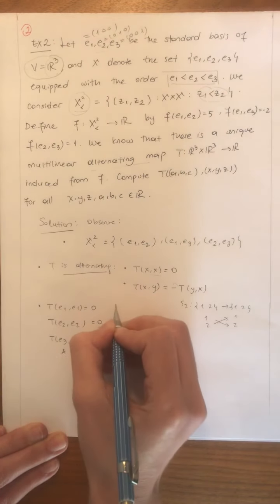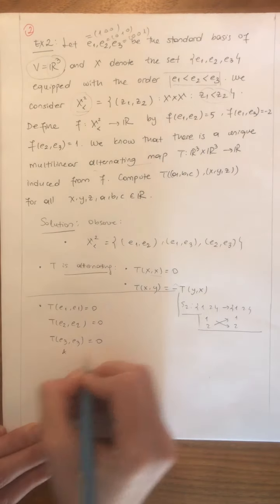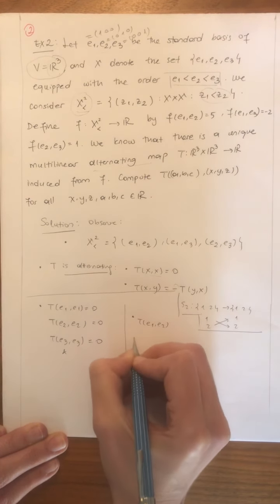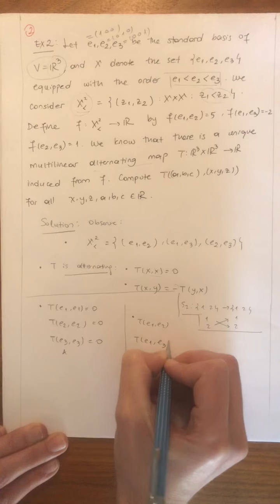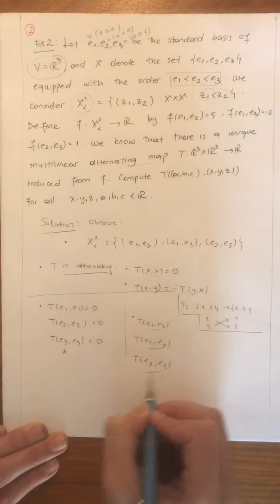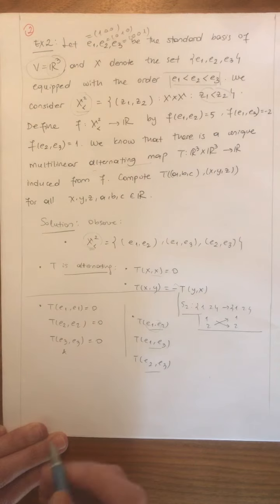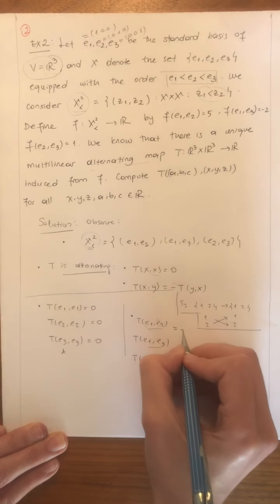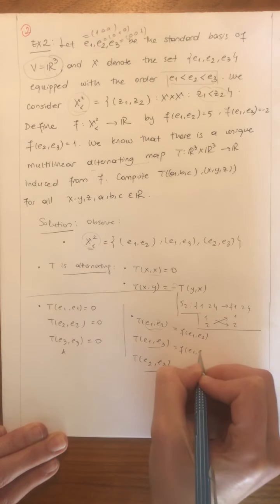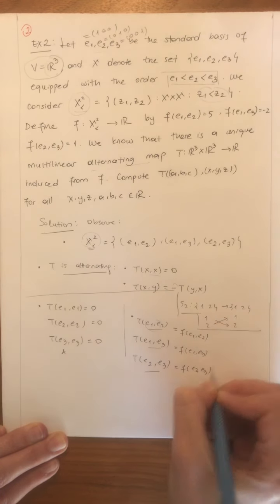And similarly, we determine these images. And these orders are given by this set. So we can directly take these images as the values under T, which are given in the question.